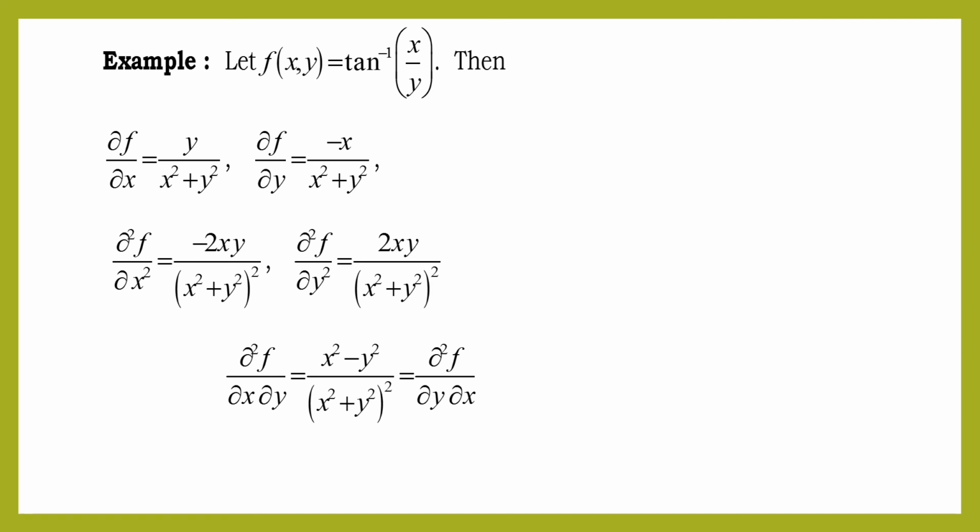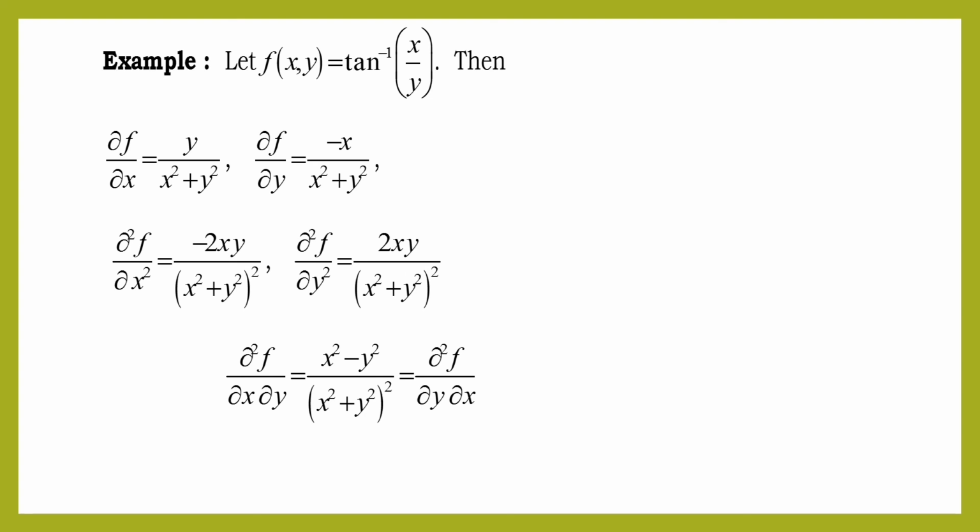Here, dou f by dou x, dou f by dou y are called first partial derivatives of the given function. Dou square f by dou x square, dou square f by dou y square, dou square f by dou x dou y, and dou square f by dou y dou x are called second order partial derivatives.